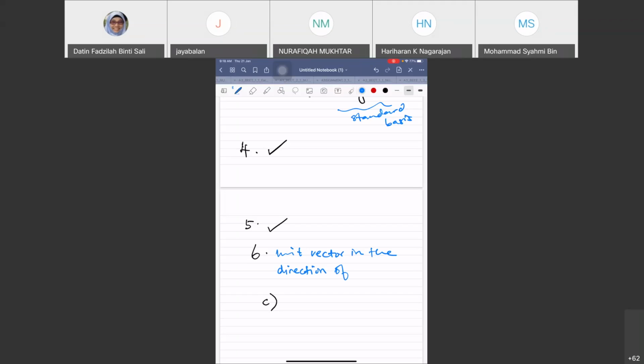So the unit vector in the direction of this V will be, for C, 6 over square root 101 i, plus 8 over square root of 101 j, plus, for the last component which is 1, 1 over square root 101 k.